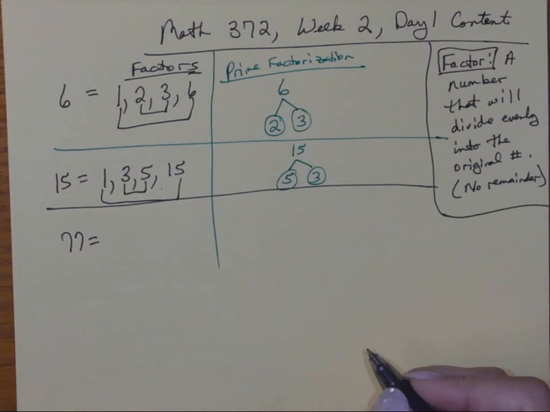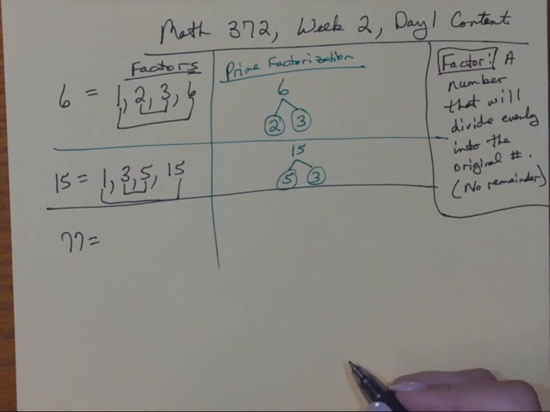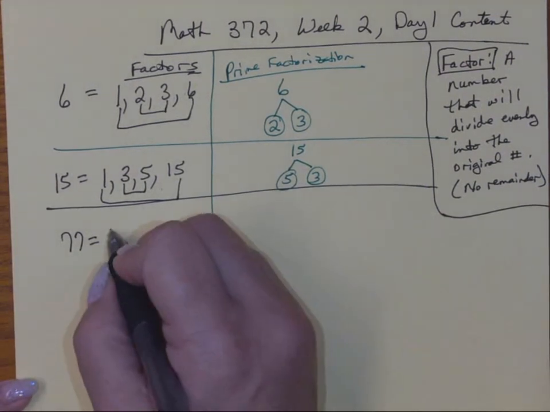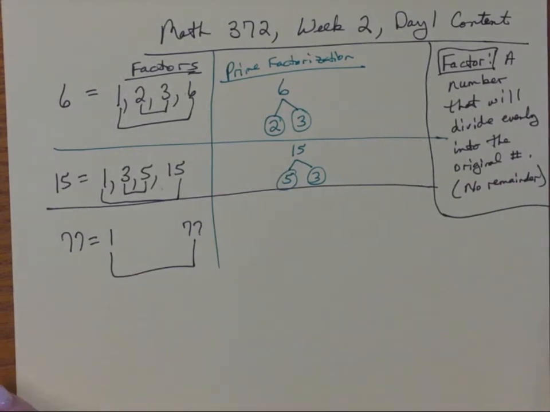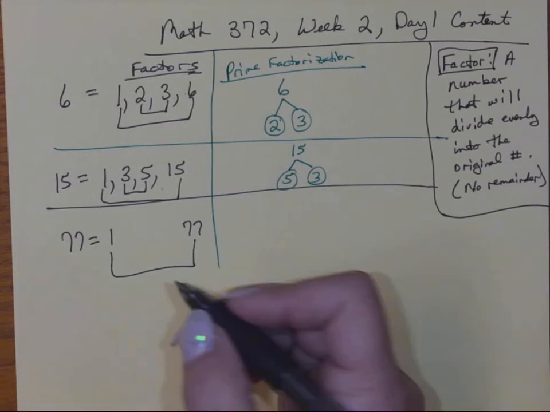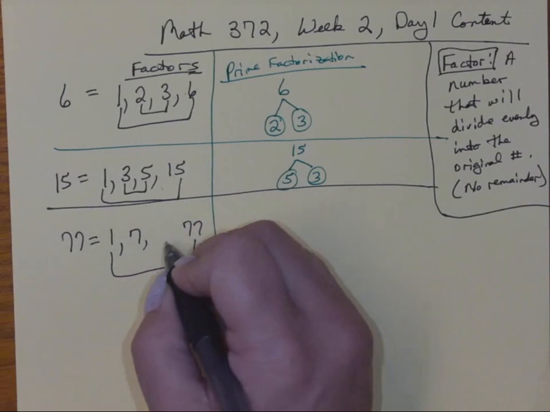77. Now, 77 is kind of big, but hopefully we're starting to pair things up by now. So I know that 1 and 77 are going to pair together, right? And then you can go through and you can check, but 2 does not go evenly into 77. 3 does not divide evenly. 4 does not divide evenly. 5 does not divide. Oh, 7. If you weren't sure, play with it until you see.